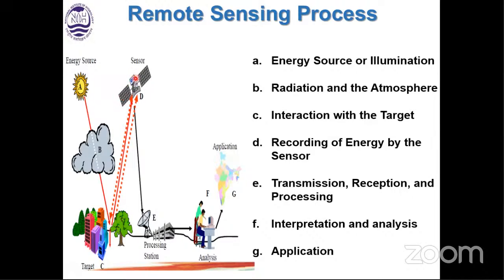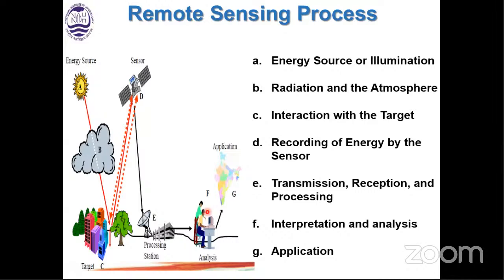So the sensor receives information high in the blue band, and that information is sent to the processing station. With the help of some analysis tools, software, and some knowledge, we can confirm that this particular thing is nothing but a water body. And this is the whole idea and process of remote sensing.